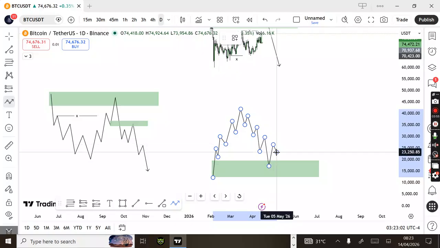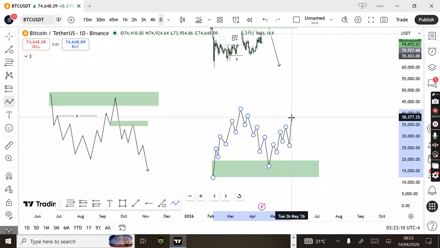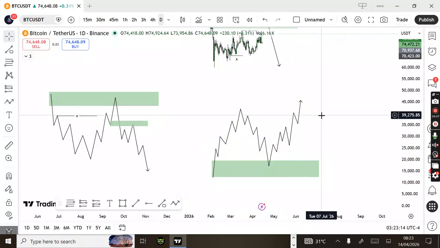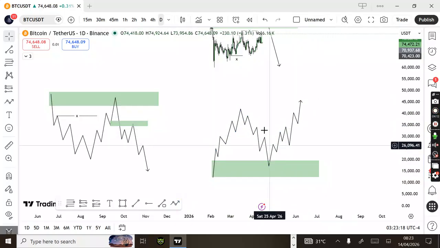Start going up, create that small liquidity, then clear it, then come back down to touch this POI, then still keep going up to this. So it's the same thing here. It's the same thing here.